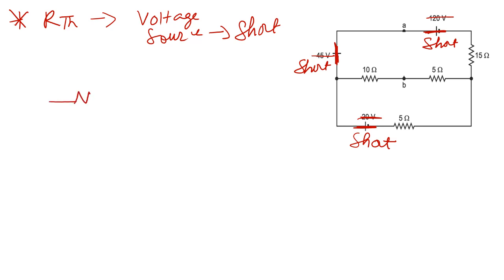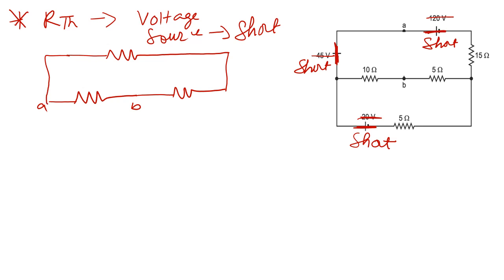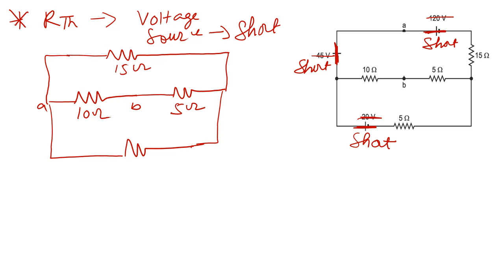Here this is the 10 ohm resistance between A and B, then there is a 5 ohm resistance, here this is 15 ohm resistance, and if I go down, here it will be 5 ohm resistance like this.